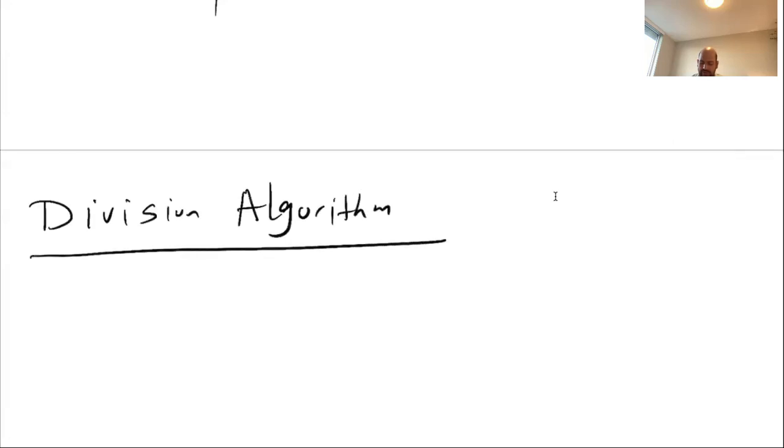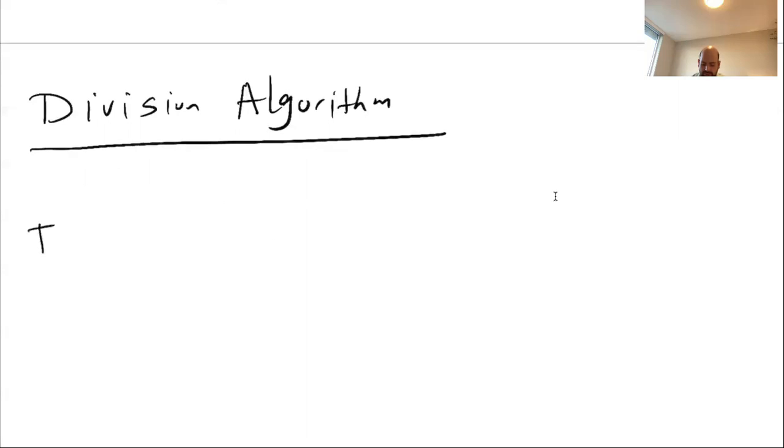All right, so the next thing we want to cover is the division algorithm, which I think you saw in elementary school. And it's a very important theorem in mathematics and in number theory.